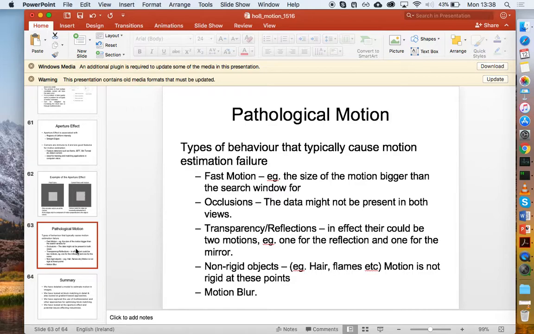Usually you limit the scale of the motion. You say the motion will be within some distance, some search window, say plus or minus 10 pixels, okay? But sometimes objects really move fast. Okay, and then if they move too fast, then you fail to detect that. And that is usually quite a big problem.